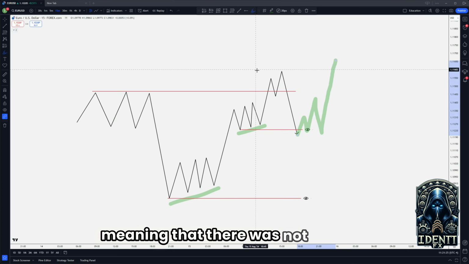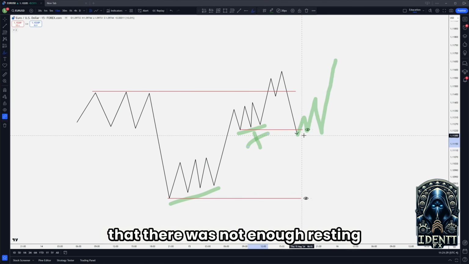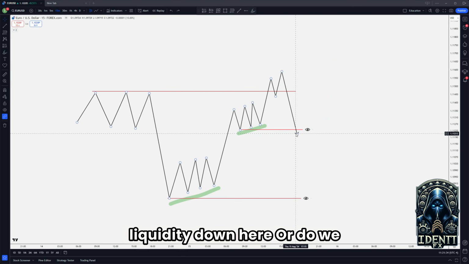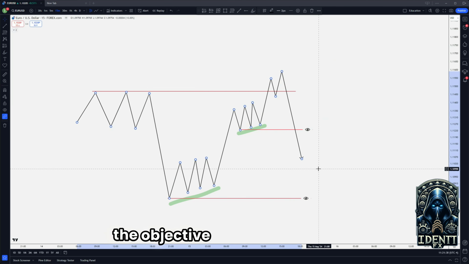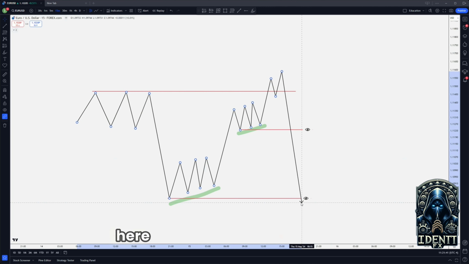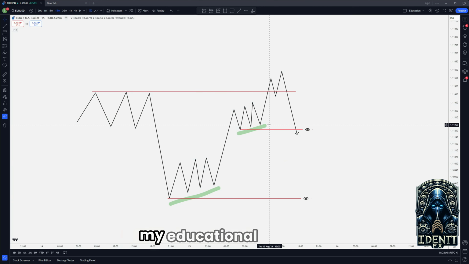Meaning that there was not enough liquidity grabbed right here, or that there was not enough resting liquidity down here? Or do we displace through this level as well, meaning that this was not the objective and that this down here was actually the objective? That is something that you will be able to catch and manage if you follow my educational material.